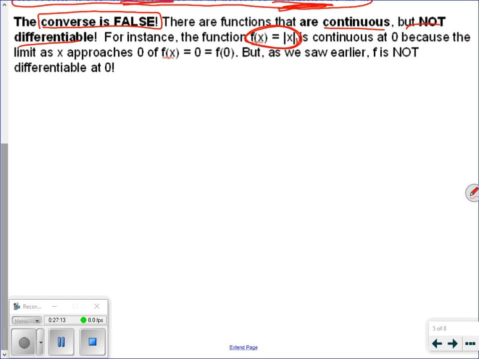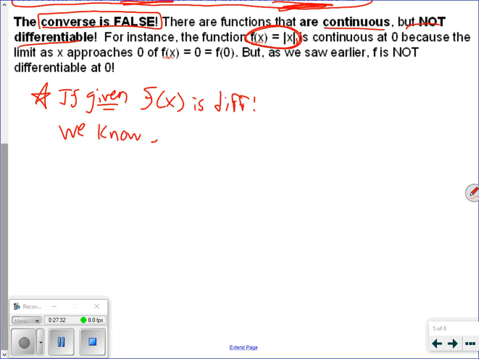Let's see how much time I have left. 27 minutes. Okay, I'll just write a couple more things here, and then we'll leave off this slide. Just a reminder that if f of x is differentiable, we know f of x is also continuous.